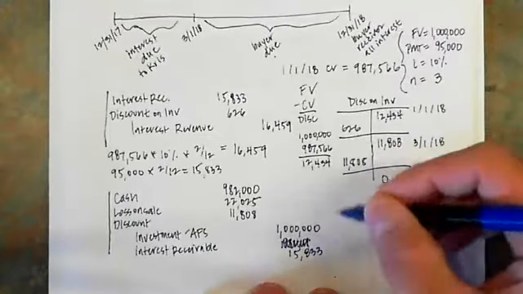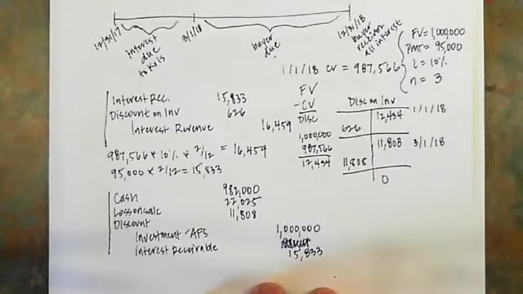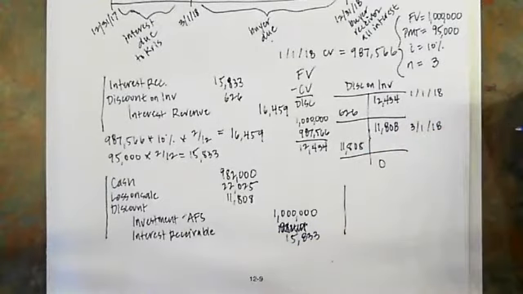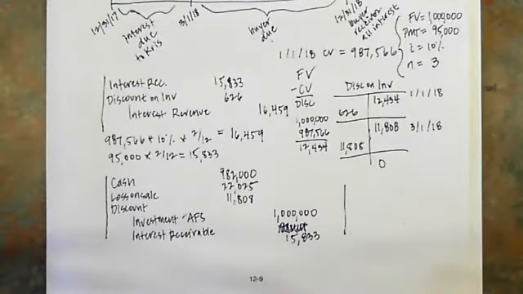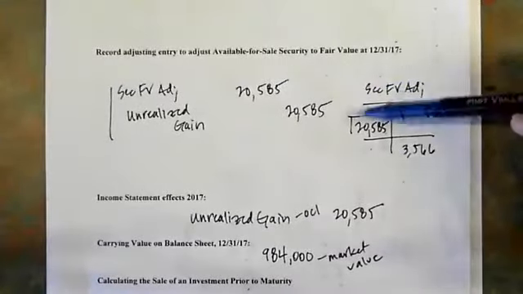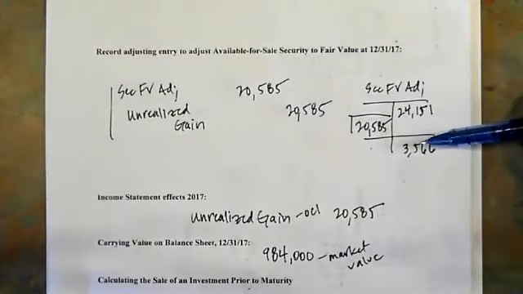But if it's a standalone security, there's one more thing then you would want to reverse, and that is the fact that there has been an outstanding gain or loss that has been unrealized and affecting OCI. Remember that we have also a security fair value adjustment account related to this available for sale security. And we can't have that on the books still.